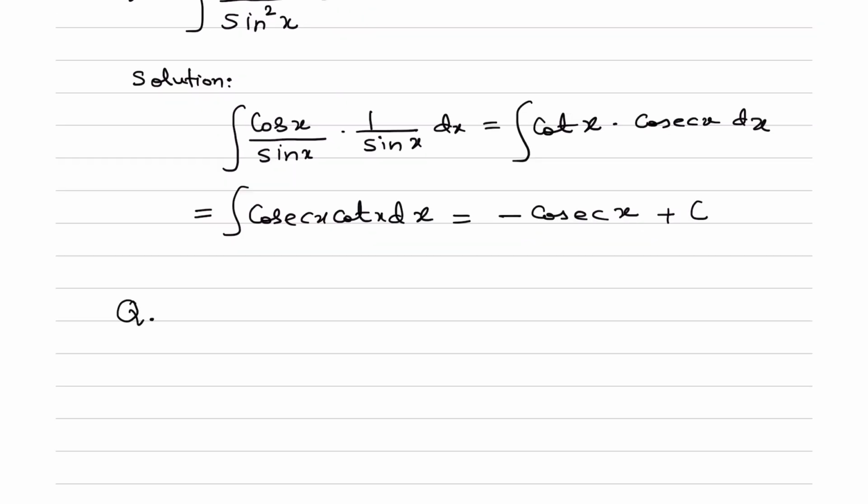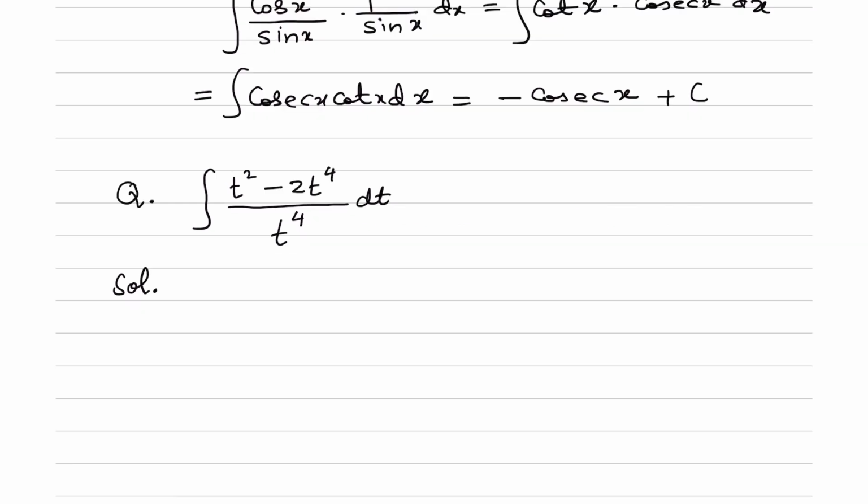Let's solve another problem. We have to integrate t square minus 2t to power 4 whole divided by t to power 4 dt. Before we integrate this expression, we can write it as t square by t4.